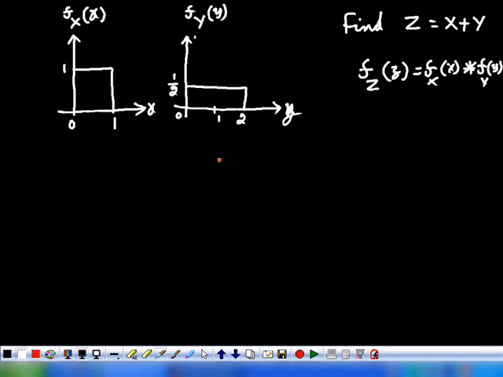That is, you have to convolve these two. We know how to do the convolution between two functions. Can you do it? Two functions are given. Find the convolution between those two, which will be the density function of the random variable z.